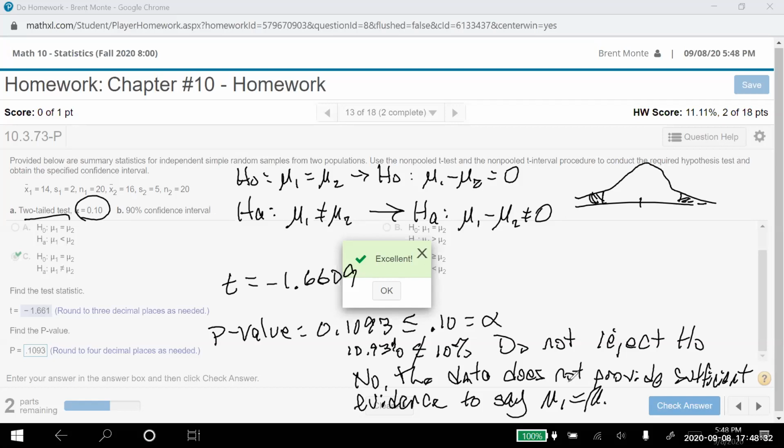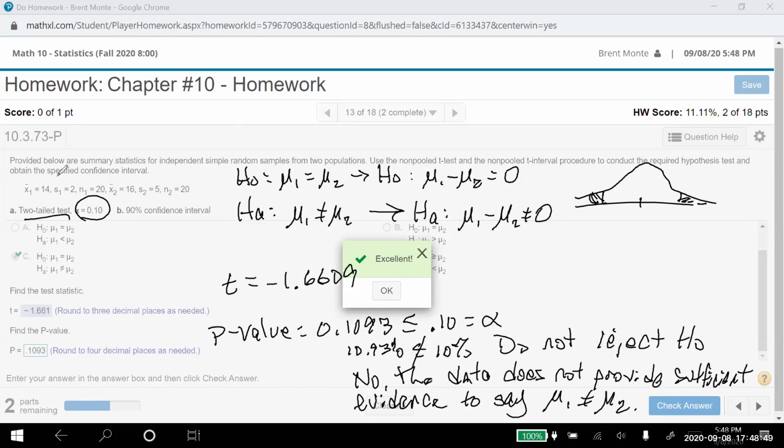We don't state it in terms of the null hypothesis. The data is not sufficient to say that mu1 is different than mu2. So we say, oh, they might still be equal.